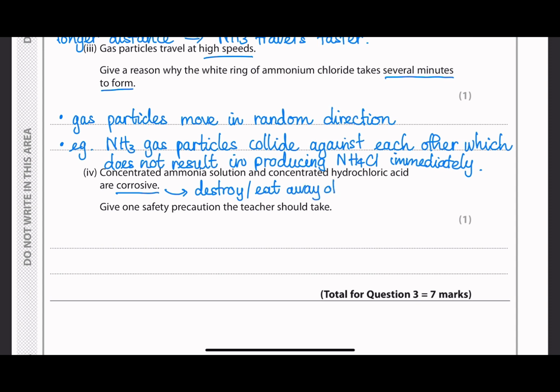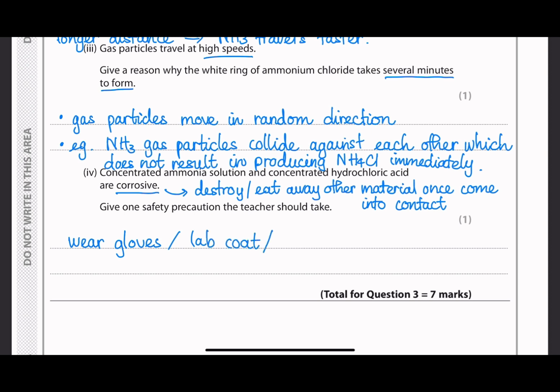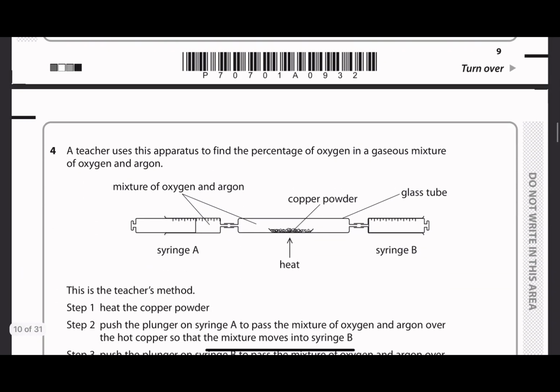So if the ammonia solution and hydrochloric acid solution come into contact with your skin, that could destroy or eat away at your skin. So the safety precaution you should take is to wear gloves, a lab coat or goggles, just any barrier to prevent contact with these solutions.